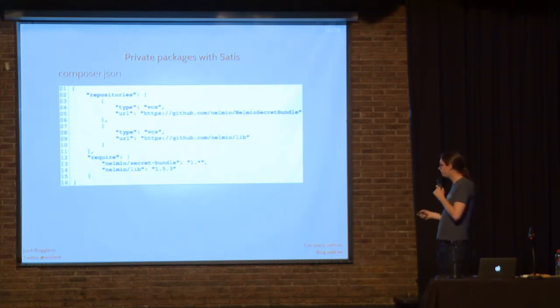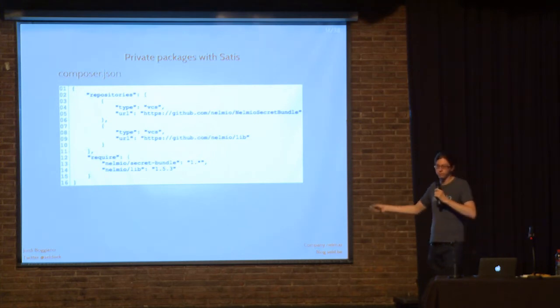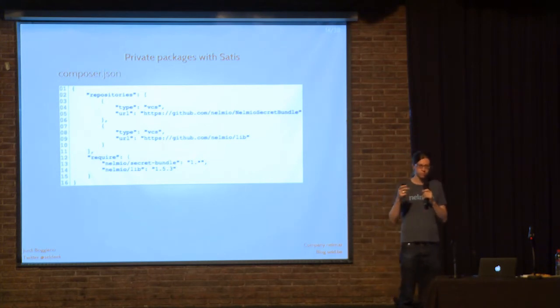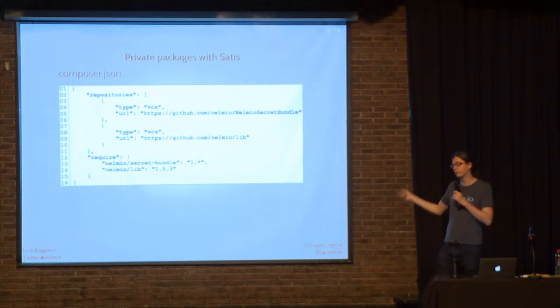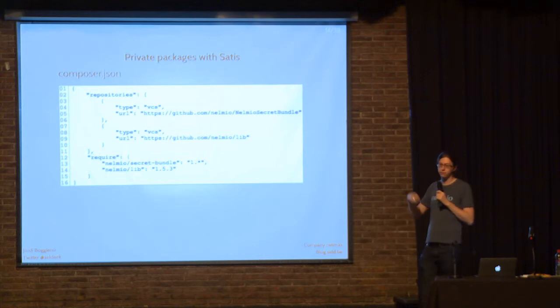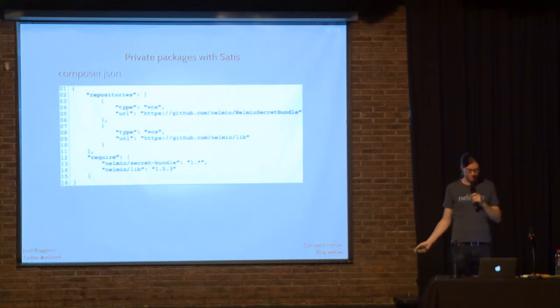So you have one repo for each package, but the thing is, if you are in a big company or you start having many reusable tools or bundles or plugins, then you're going to have in every project a list of 10 repositories there, and every time you do composer update, it has to scan all those things and it takes forever, so it's not a nice user experience.